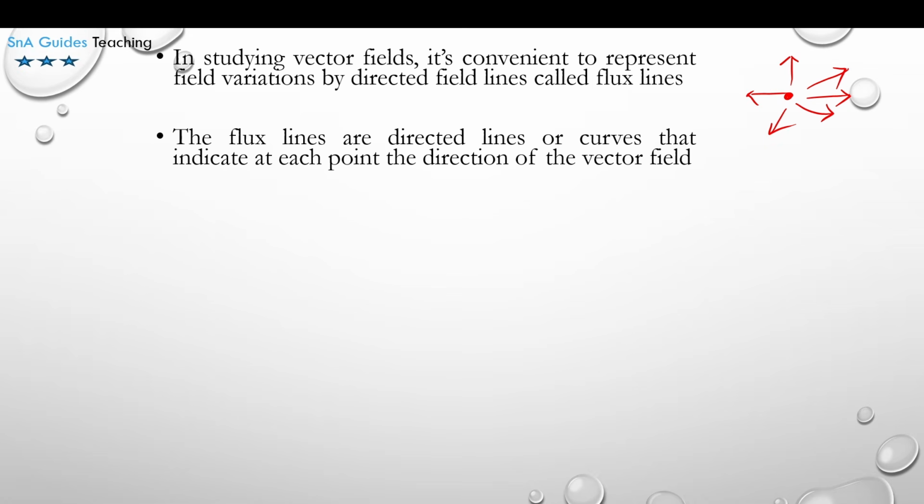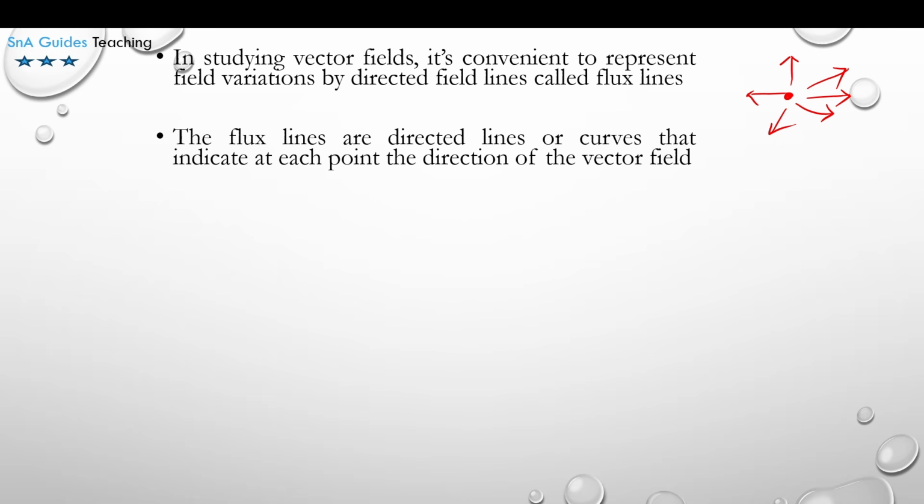Instead, we draw field lines, also known as flux lines, right? The flux lines are directed lines or curves that indicate at each point the direction of the vector field, instead of drawing millions of tiny arrows. Now, it is convenient because it tells us a lot.